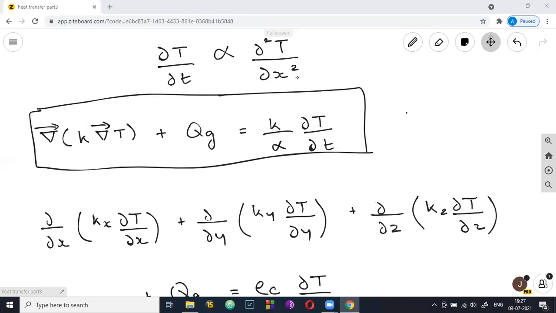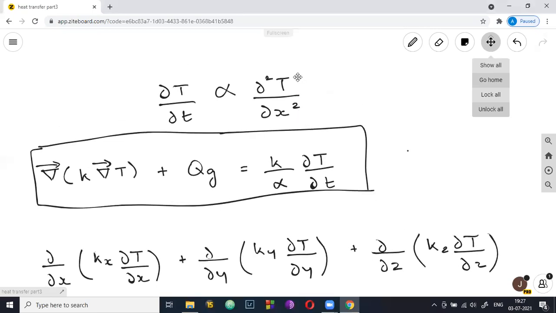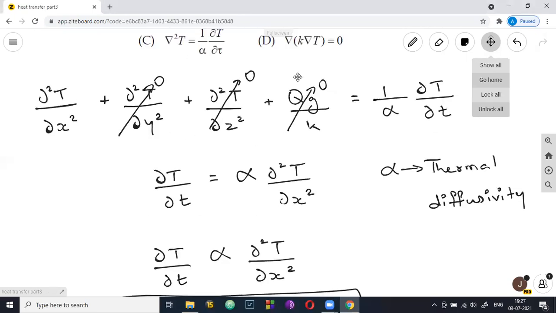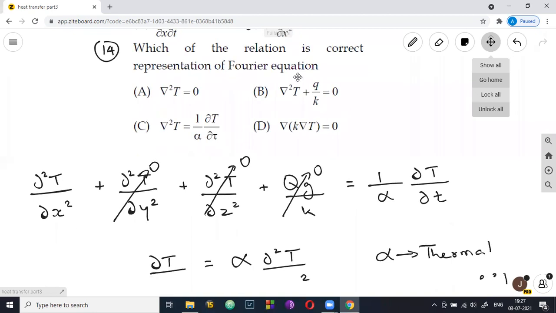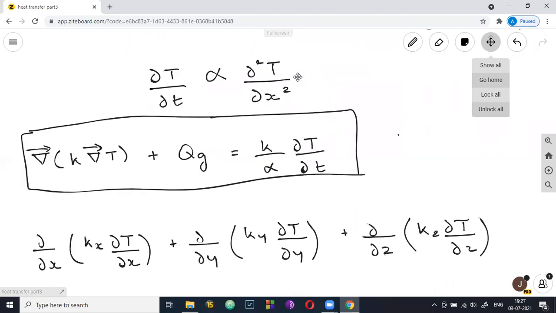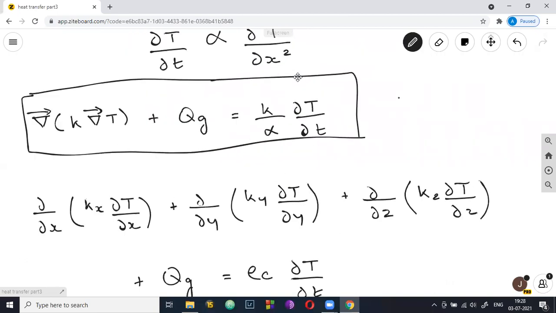So now what we are going to do with the question? Let's understand that. Correct representation of Fourier's relationship. To understand this relationship, steady state. In Fourier's relationship, the first assumption is the heat conduction equation is in steady state. So if it is steady, this term will become 0. The second assumption is, in Fourier equation, there is no heat generation.